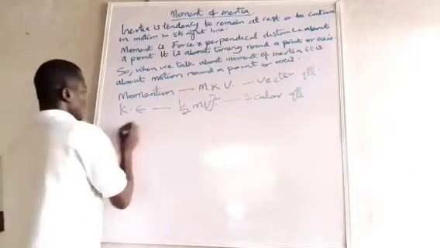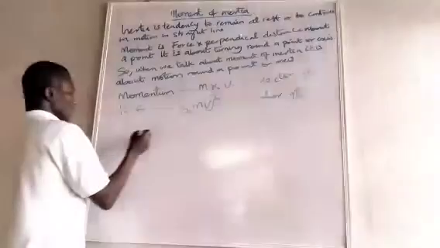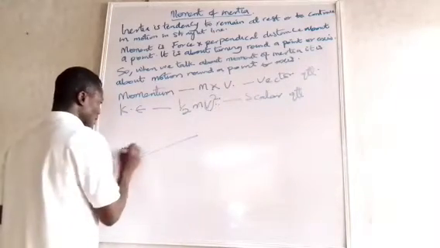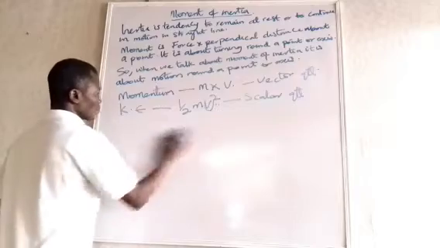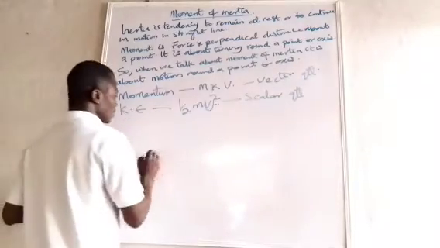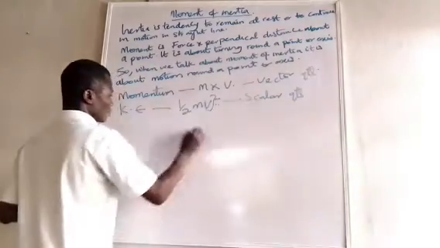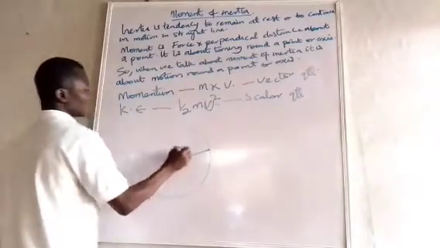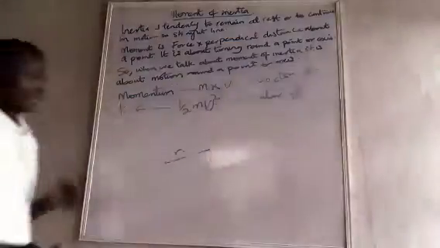Now, in circular motion, let's say this is a body of mass m, and it is rotating around the center at radius r.